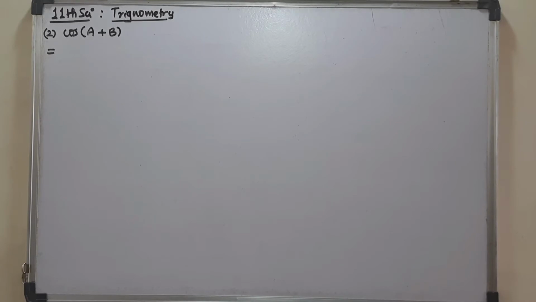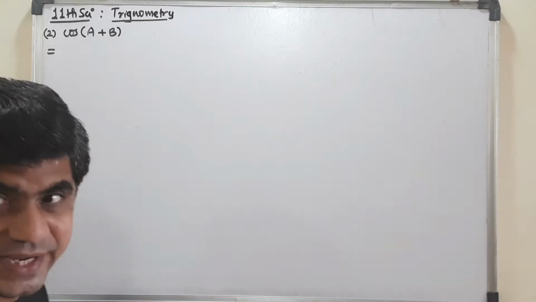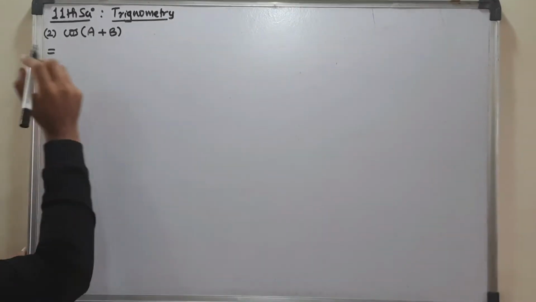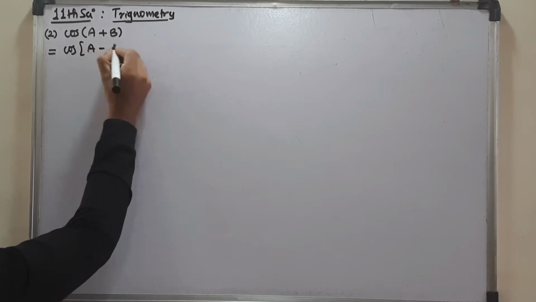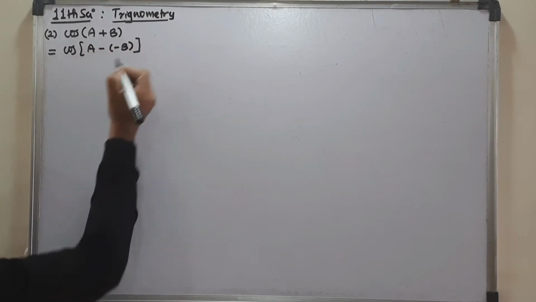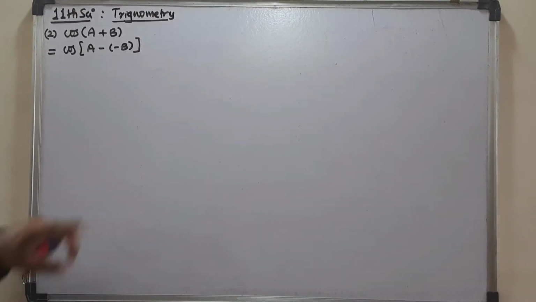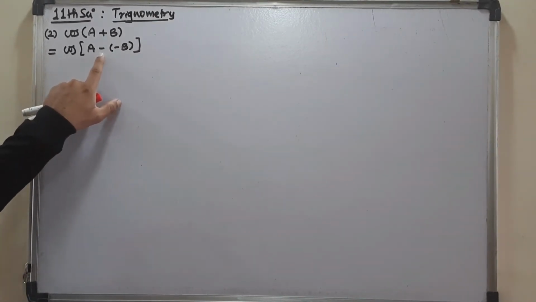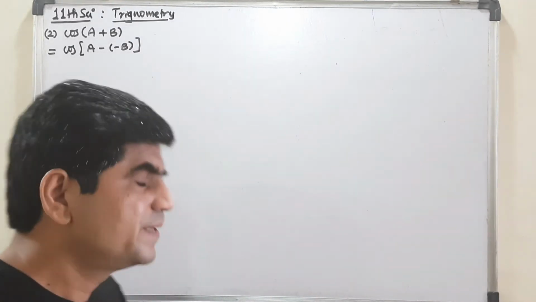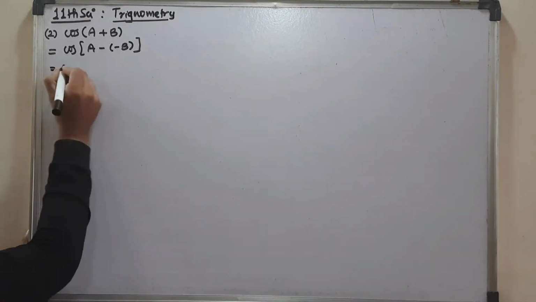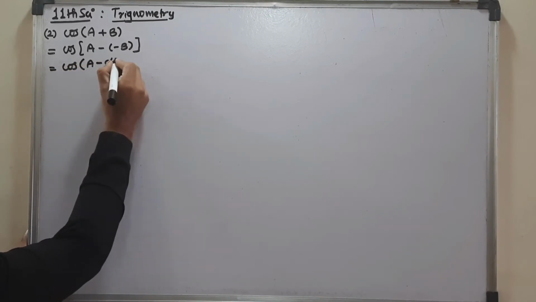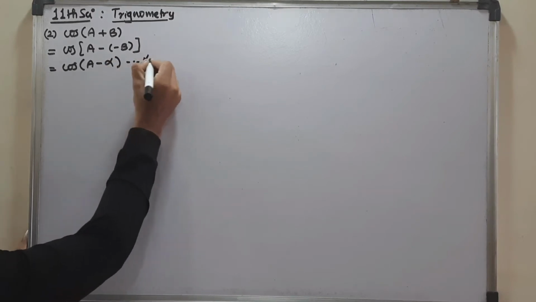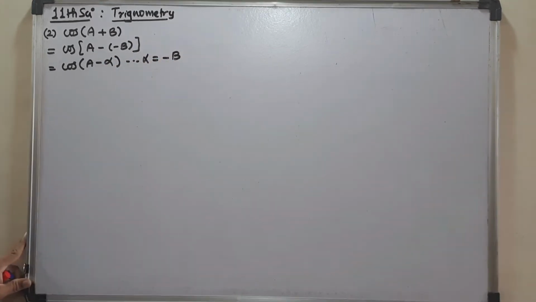Now coming to the next one, cos a plus b. I just did cos a minus b, correct? So can I use this over there? That is cos a, I can write it as minus of minus b, right? That means I am considering this minus which is required for me as the formula. If you want, you write this as cos a minus alpha, where alpha is equal to minus b.